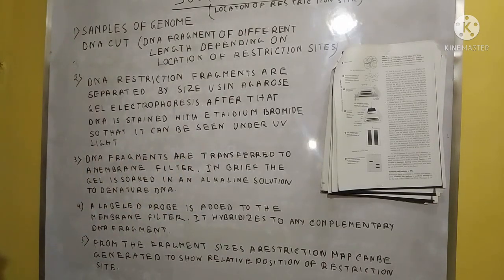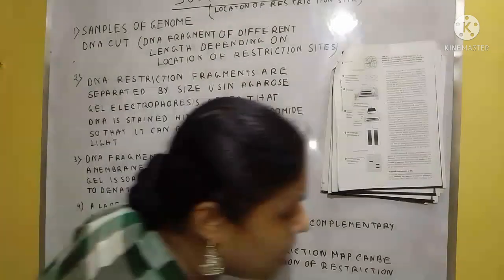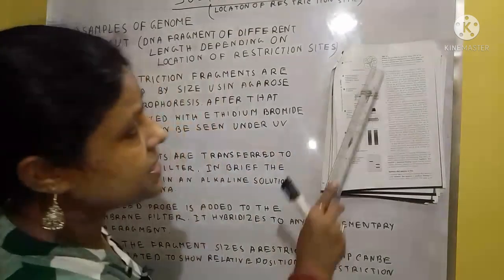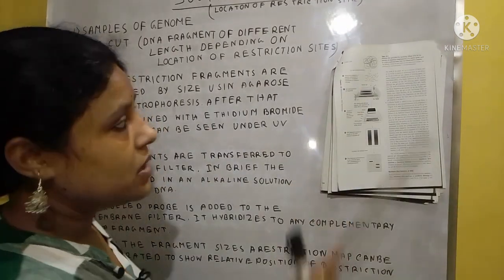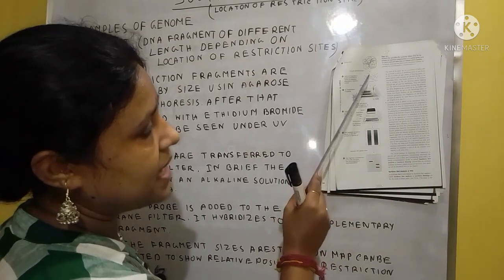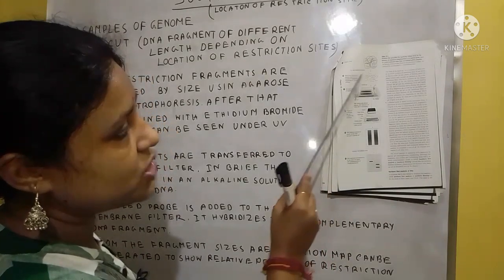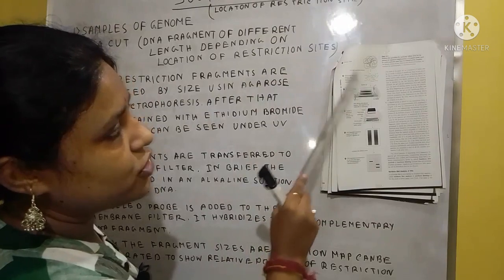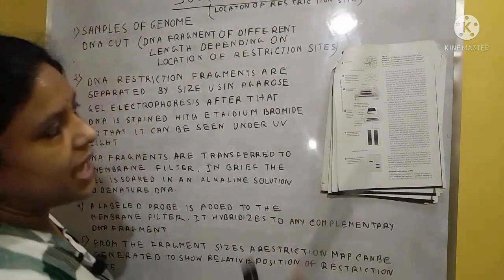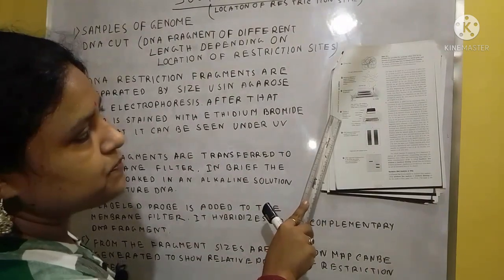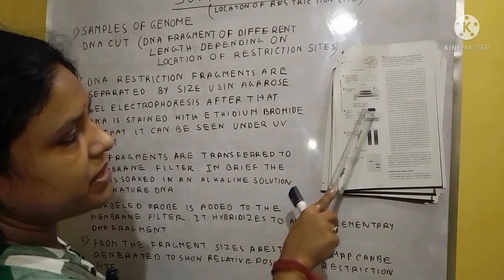Okay, so this is the process here. First, the DNA strands are cut down into DNA fragments, and then the fragments are transferred to the electrophoresis process, called gel electrophoresis, and then transferred to the membrane, the membrane filter.